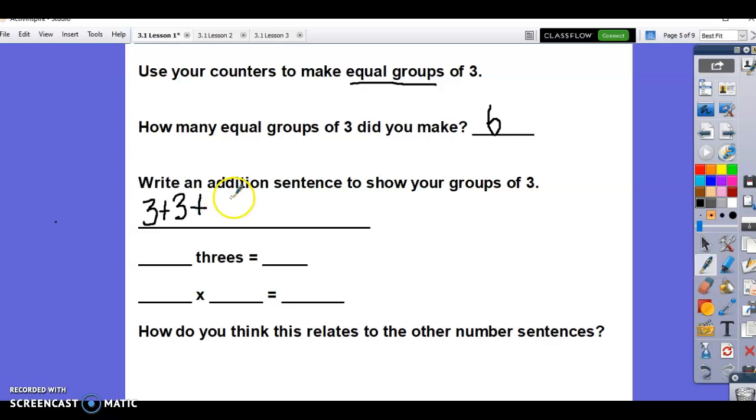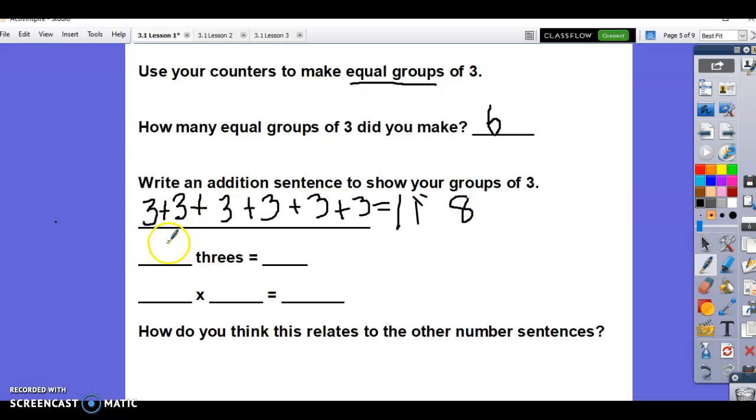My next line has 3 plus 3. My next line has 3 plus 3 equals something. Okay? Now I need to know my total of my counters. Just a second ago, we said we had 20, we took 2 away, so now we have 18. There's my 8 right there.